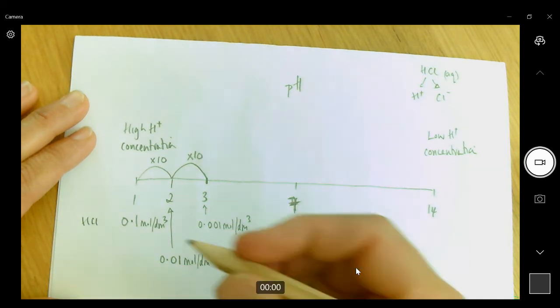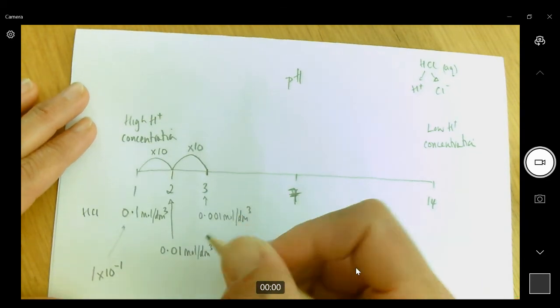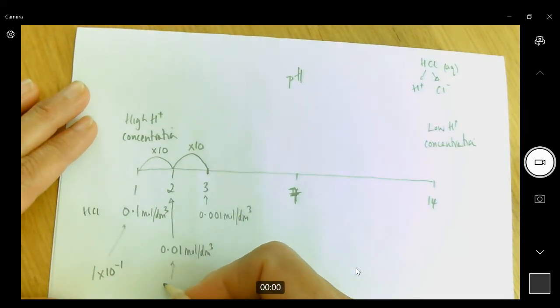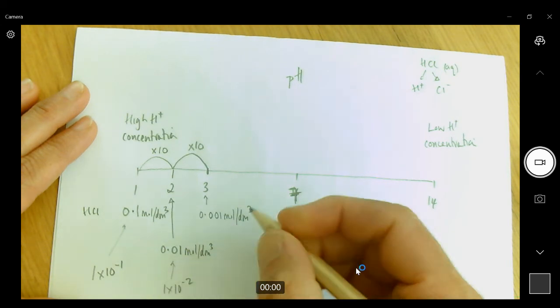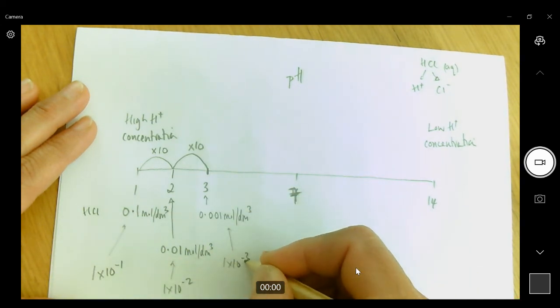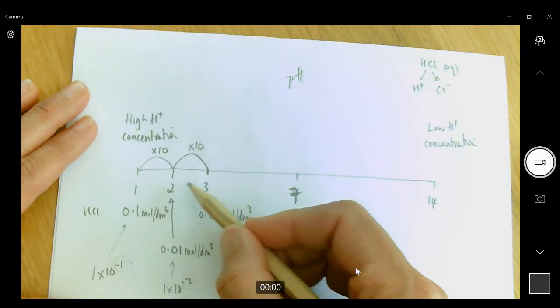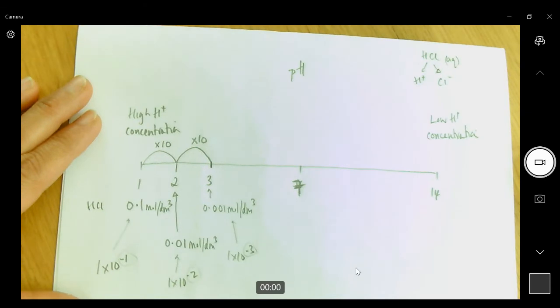Another way of writing this is my concentration is 1 times 10 to the minus 1. Here my concentration is 1 times 10 to the minus 2. Here my concentration is 1 times 10 to the minus 3. And you can see that this number corresponds to the pH. The power of hydrogen.